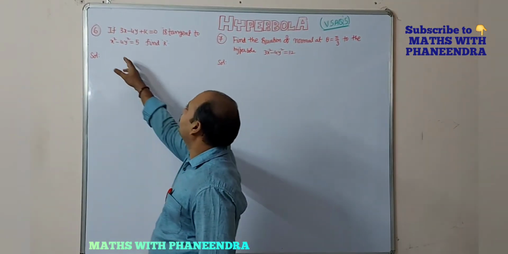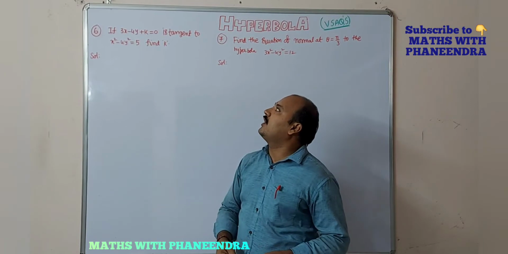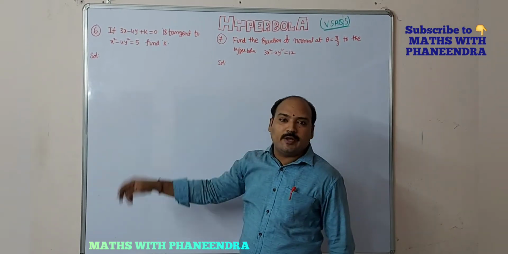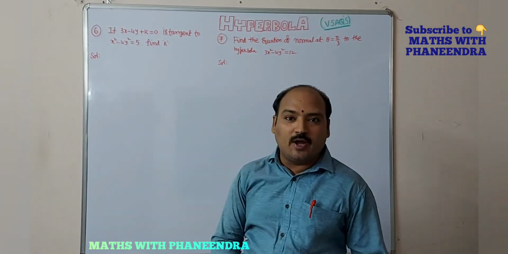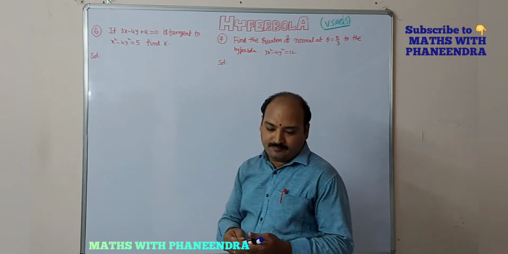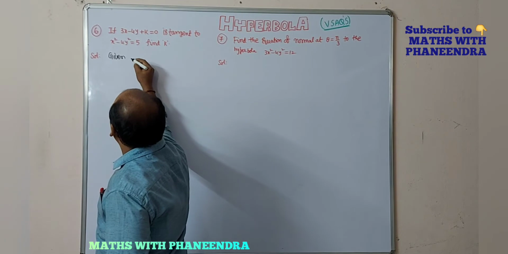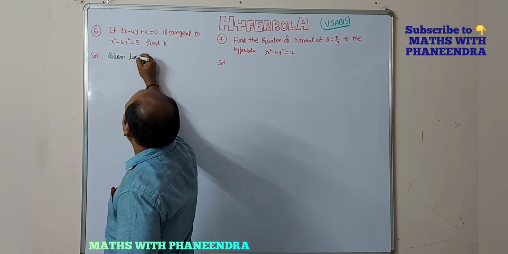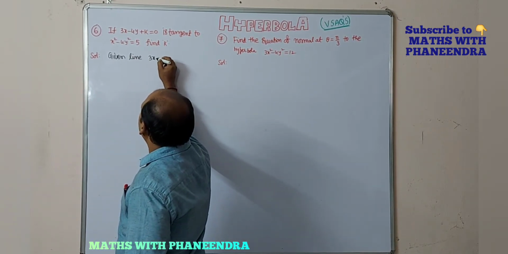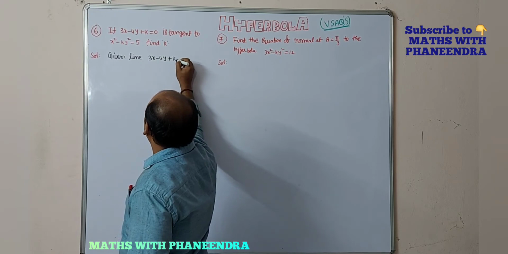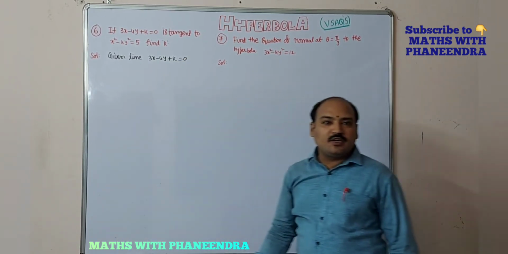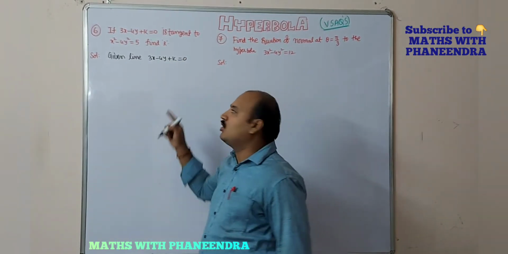Now come to the question. If 3x minus 4y plus k equal to 0 is a tangent to x square minus 4y square equal to 5, then find k. So here first the given line, 3x minus 4y plus k equal to 0. This equation you have to write in the form of y is equal to mx plus c.